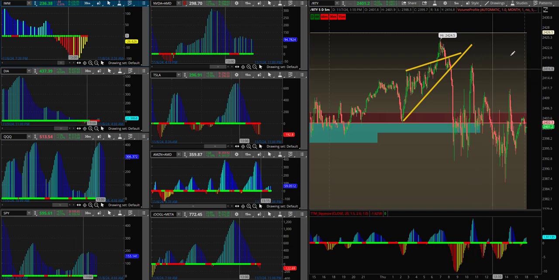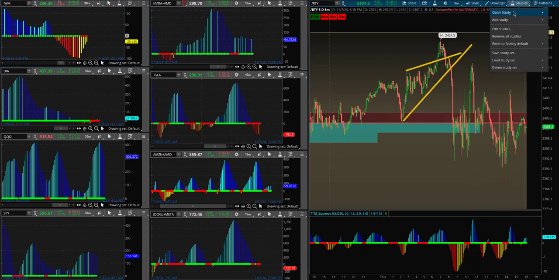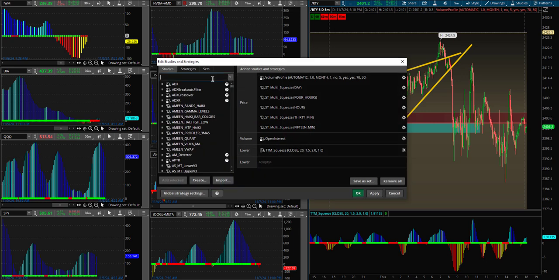Can we do some oscillator? Again, Gann said, use all the tools all the time. So stochastic momentum, I can see momentum.